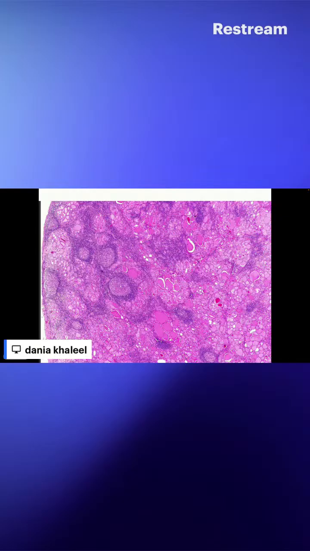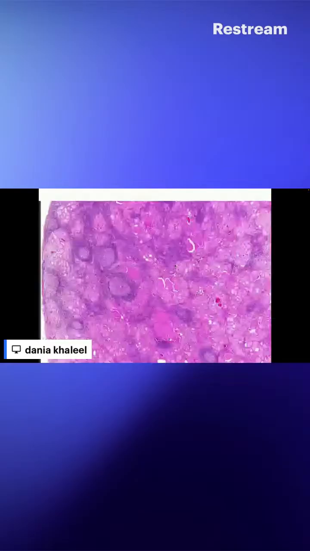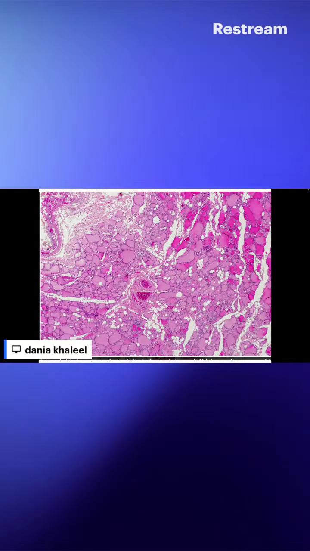One of the people is saying it should be Graves' disease, which is actually one of the possibilities. That's a really good thought. So let's look at this picture. You can see there are some lymphoid follicles here, compared to these.